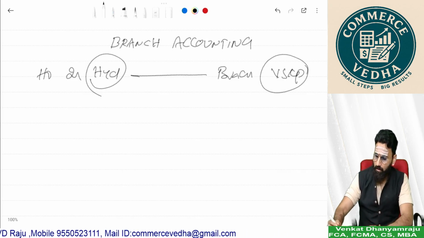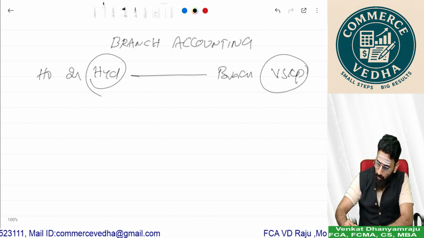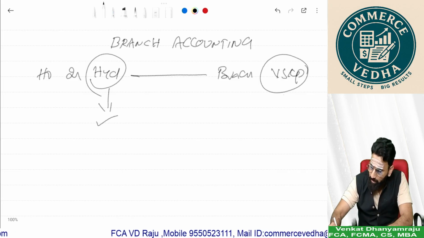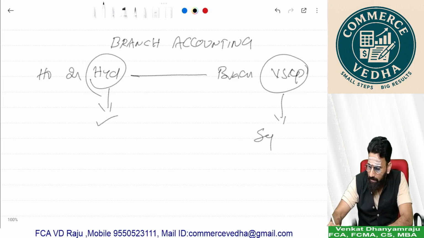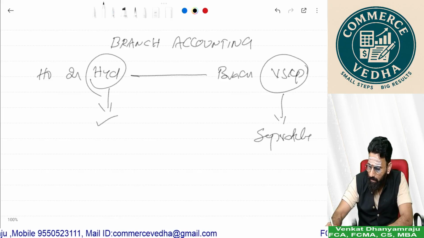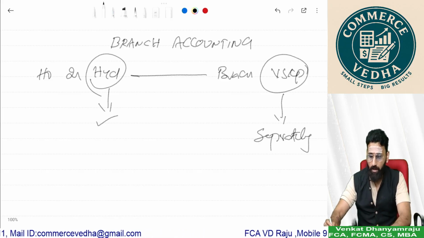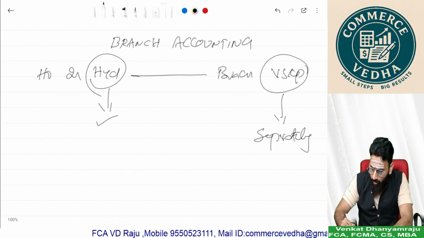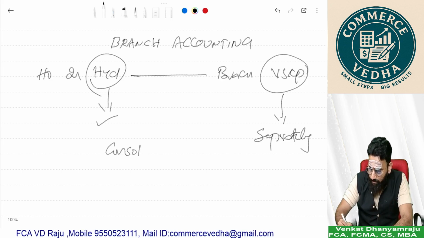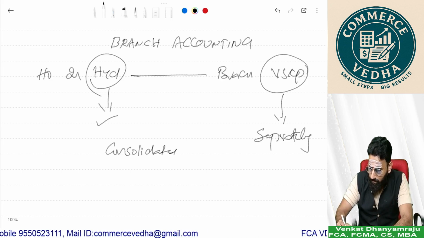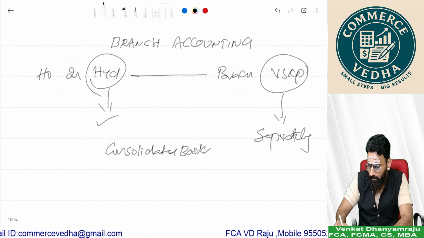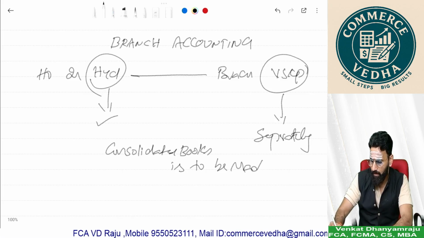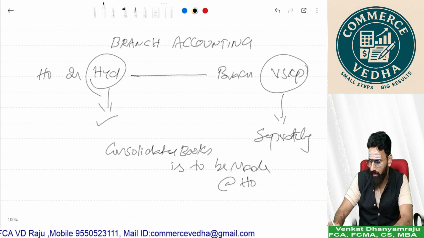So here the total books can be maintained at HO, or books can be maintained at the branch separately. However, at the end of the year, the total books, which we can call consolidated books, are to be made at head office level.